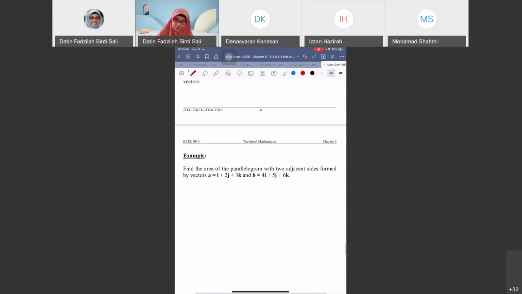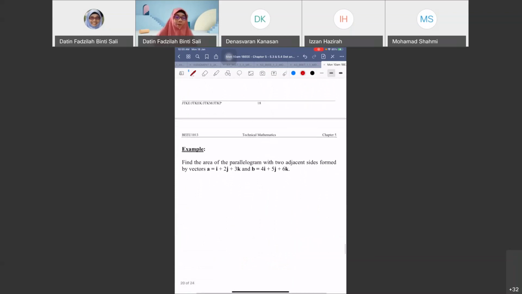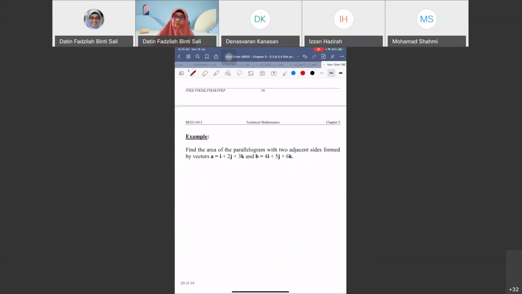Let's say the question asks you to find the area of a parallelogram with two adjacent sides formed by vectors A and B. First of all, when it comes to the area of a parallelogram, immediately you remember that it is the magnitude of a cross product.